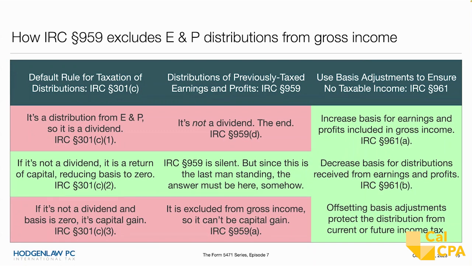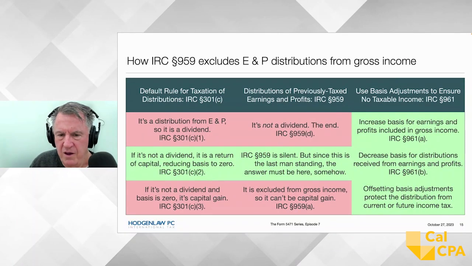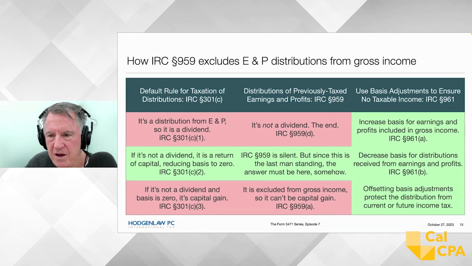So the answer is here, and how they do it is the far right column. You have an allocation of income by the phony baloney rules of subpart F or global intangible low tax income. There's a companion increase in basis for that. So I have $10,000 of subpart F income from this CFC. I get a $10,000 increase in the basis of my stock of the CFC.